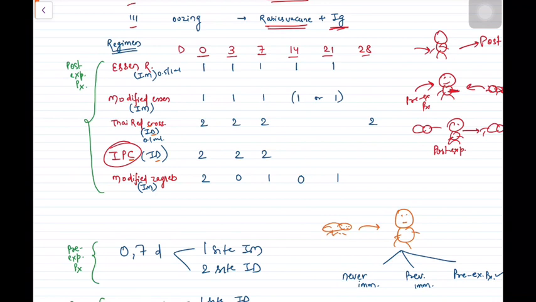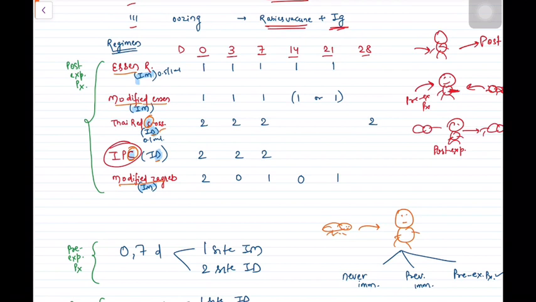So the regimens which have a C, and you can see in Thai Red Cross also, you give intradermal. In all the other cases, we are giving intramuscular. So all the regimens which start with C or which have C, you are giving intradermal. All these other regimens do not have a C, right?